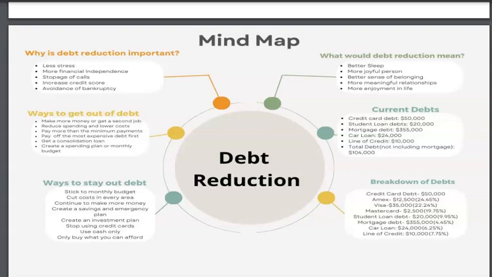So when we're done, Sally's debt reduction mind map is going to look something like this. And as you can see, we've made debt reduction the central theme, and then branching out from that are all those little branches of questions that Sally asked herself in terms of how she's going to get out of debt, a full picture breakdown of her debts, what they are, the interest rate, and then she can start further mapping these out.